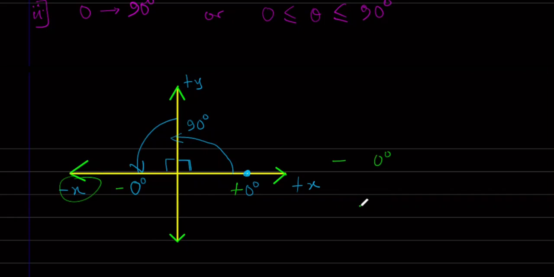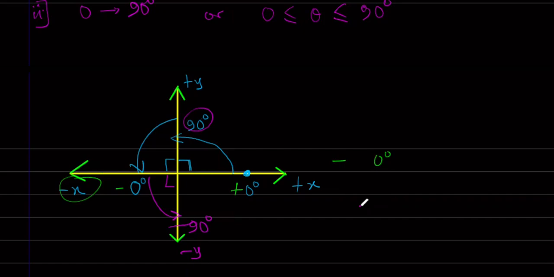Now, if we move from negative x-axis to negative y-axis, which we have here, normally it's supposed to be 270 degree, but we don't want the angle to exceed 90 degree. That means in this case, we return back to 90 degree. But what's the basic difference between the 90 degree that we have on the positive y-axis and that of the negative y-axis?